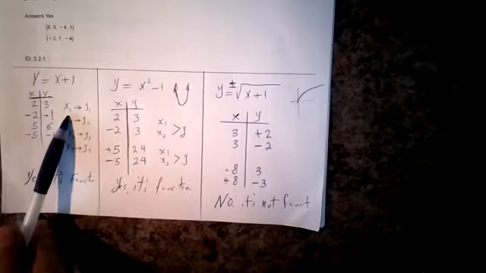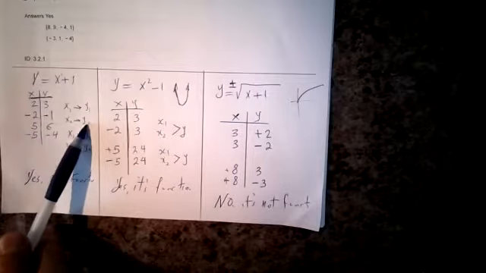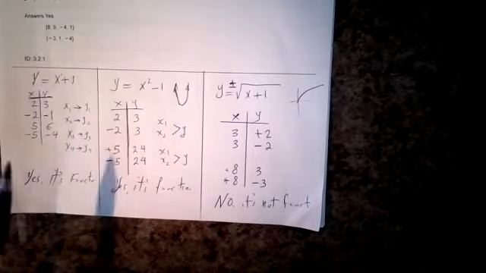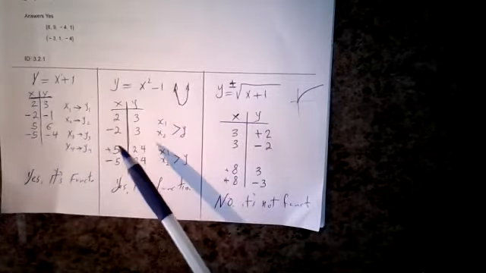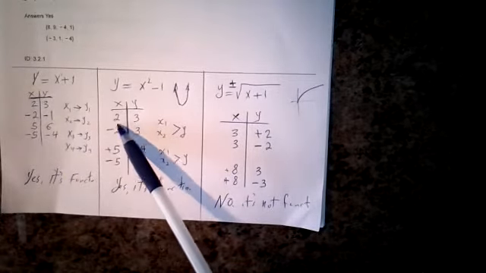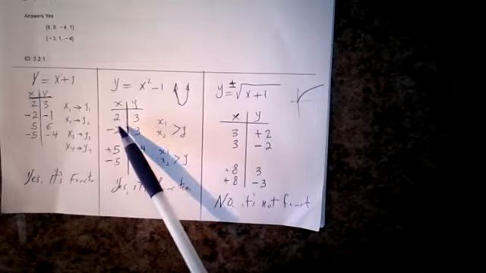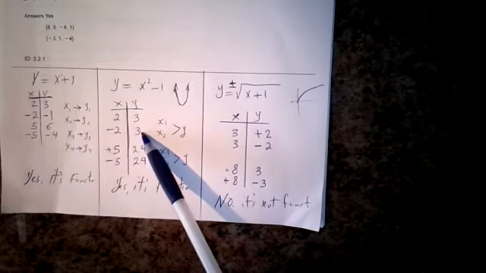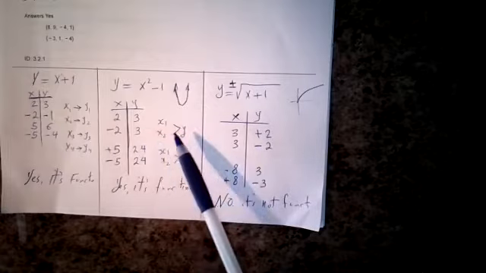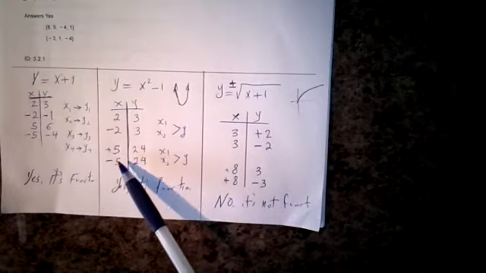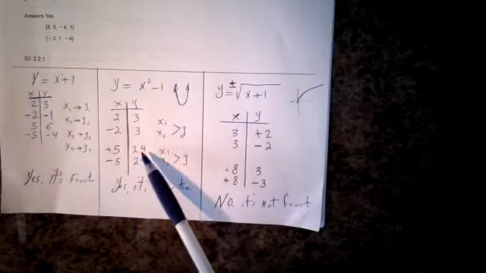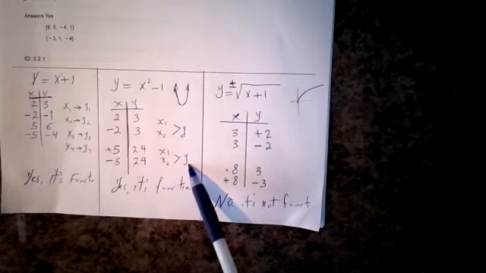For every x, you get a different y. The second one, when you substitute 2 different x's, you come up with the same value of y. See? With 2 different x's, you come up with the same value of y.